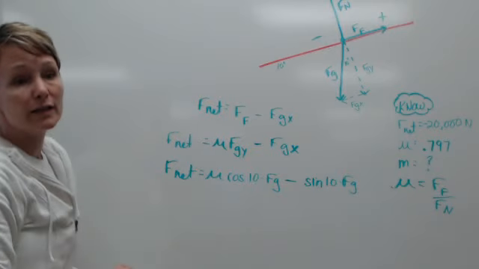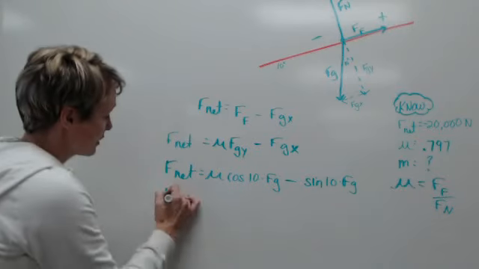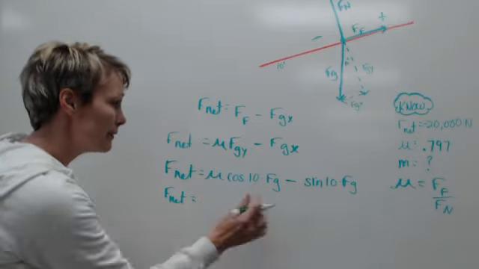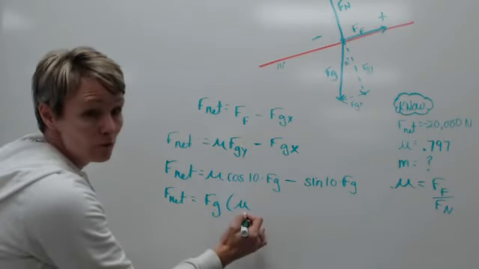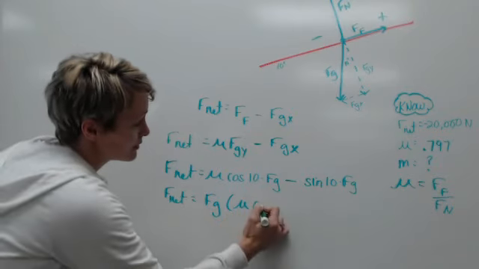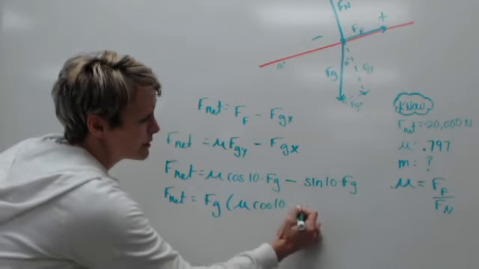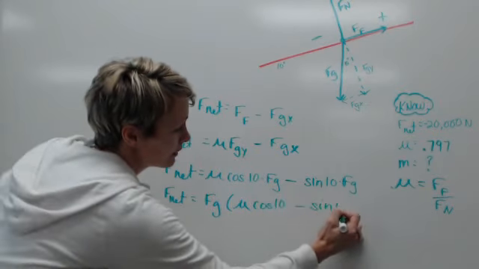I'm closer to solving for mass. So now I'm going to factor out my force of gravity. And I have the coefficient of friction times the cosine of 10 degrees minus the sine of 10 degrees.